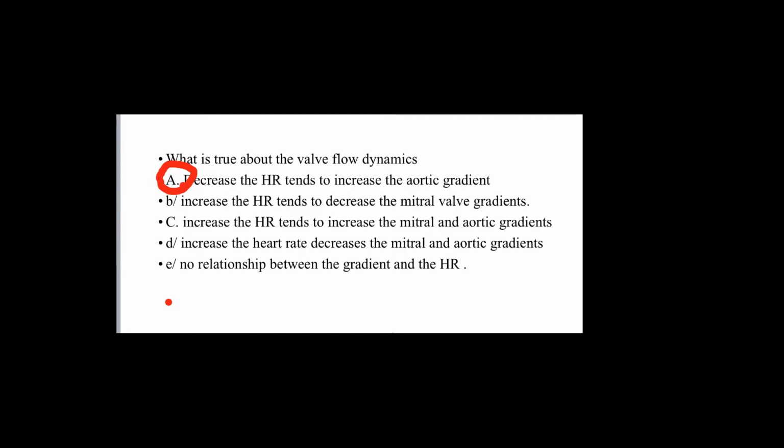Now, for example, when you have an aortic valve and tachycardia, what does it mean? It means a short diastolic period, and according to the Starling law, systole depends on diastole. So if I have a short diastole, I will have a less forceful systole.